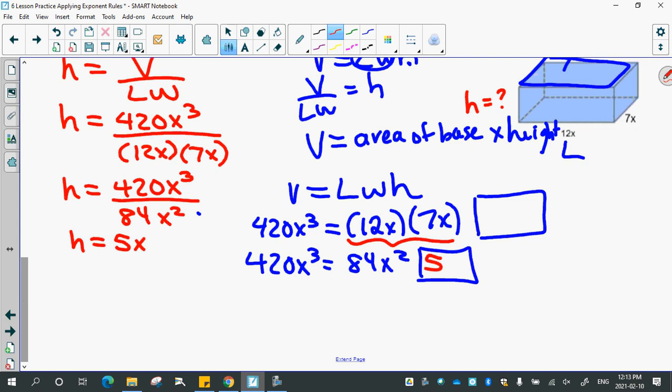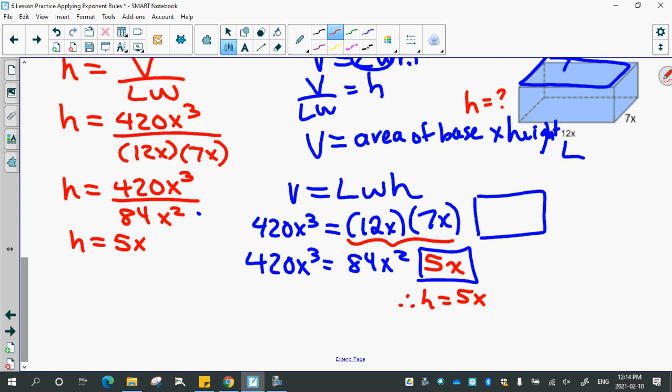And what do I have to multiply x squared by to get x cubed? Hopefully we know that's x. So the height is 5x. Okay? So two ways. Grade 9, I don't have a preference. Whichever way makes sense to you, as long as you can get to the answer and show your thinking.